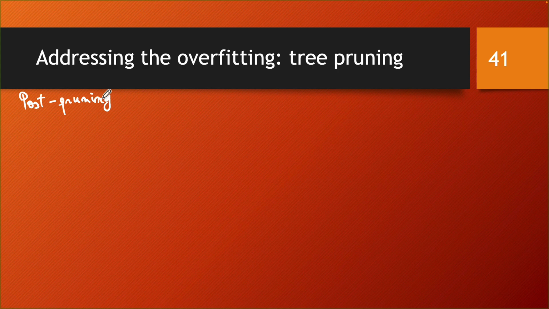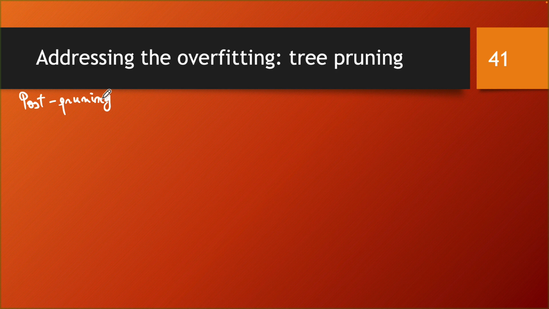And the key idea is this. If you take a subtree and you see how many decisions are still being made in that subtree, you translate that into the idea of complexity related to that subtree. And so the key idea is you are going to estimate whether the complexity of that subtree, which you measure in terms of, for example, depth of that subtree or number of leaves, is justified for the impurity drop that it contributes.